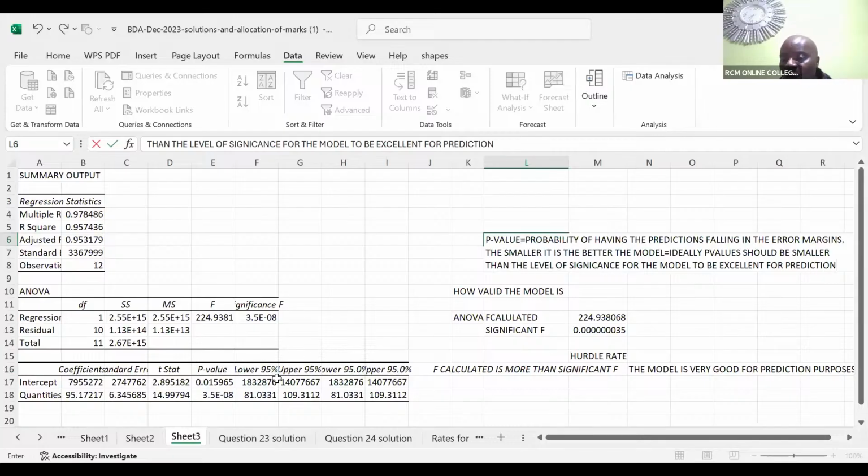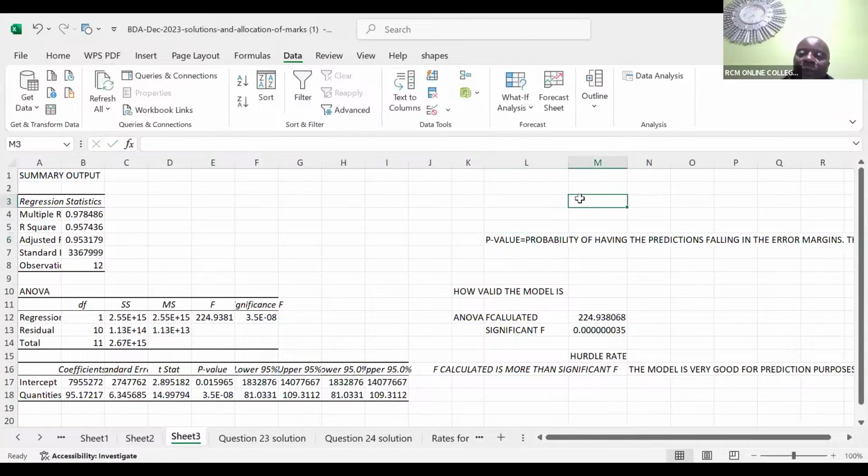Now, let me ask you, my good students, a question. In this particular question that I'm doing, what is the level of significance? Somebody try. It is 5%, isn't it?